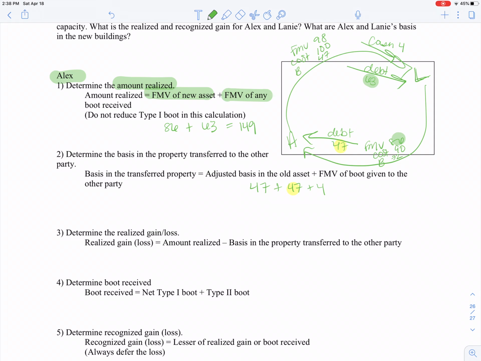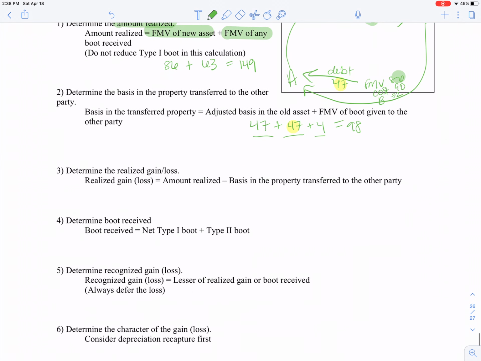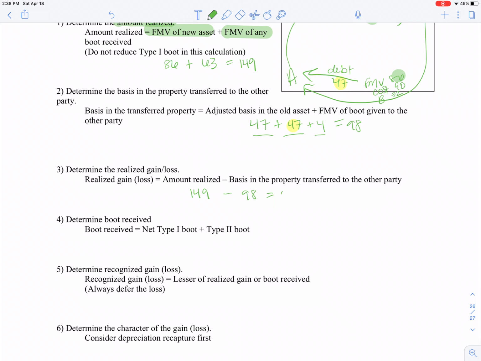So it's a little bit counterintuitive, but you're asking yourself, what is the basis in the property transferred to Laney? The basis in his old asset plus the liabilities he's taking on plus the cash. So that value is 98. The realized gain or loss is the 149 minus the 98, or 51.